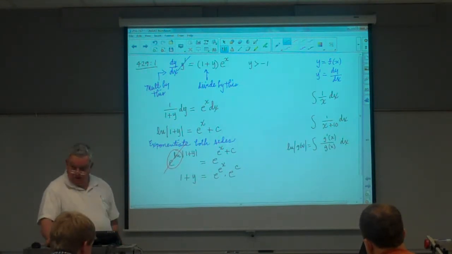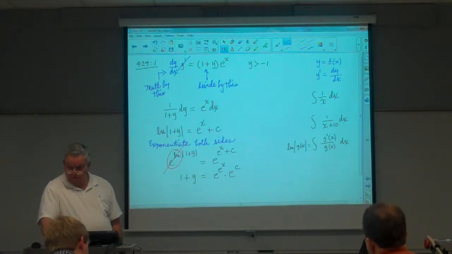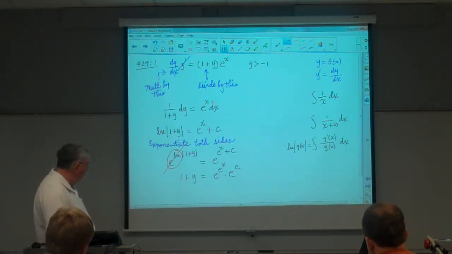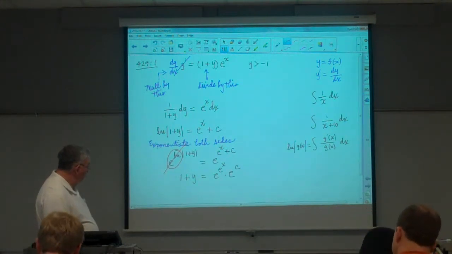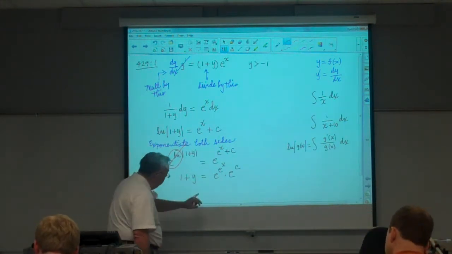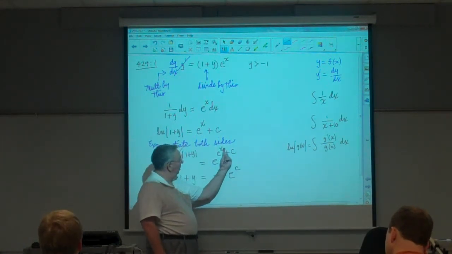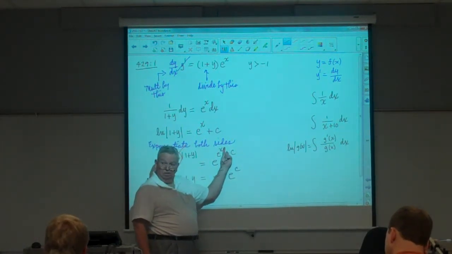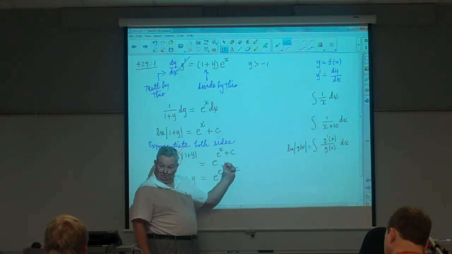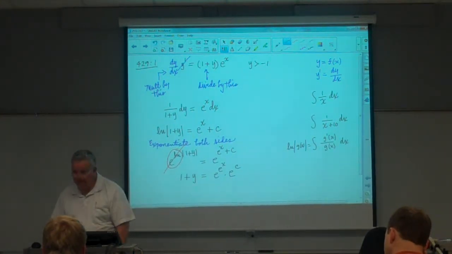If you did your final answer, e to the c, wouldn't it be e to the x plus c? No, and the reason is, if this plus c were up there with the x, then it would have been. But it wasn't.